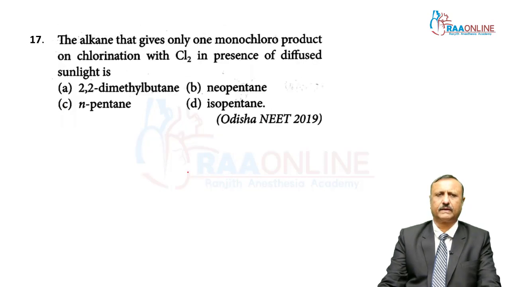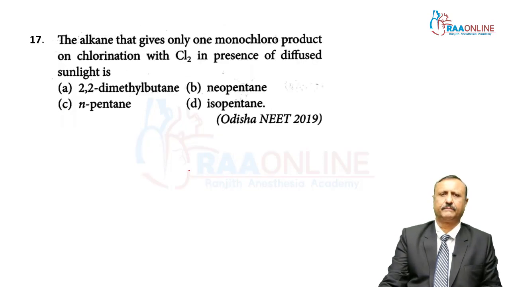Now, my dear students, we can see question number 17. The alkane that gives only one monochloro product on chlorination with chlorine in presence of diffused sunlight is. Here, my dear students, a monochloro product is formed. What is the concept of this question?